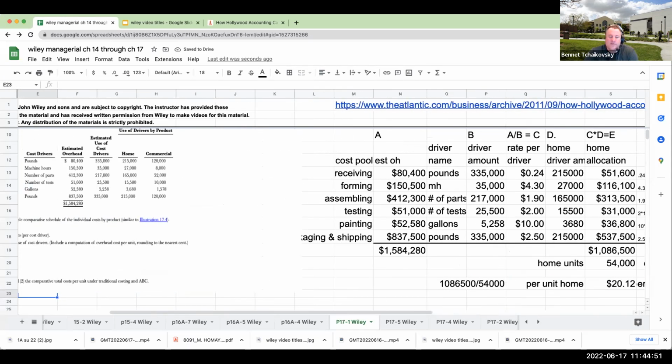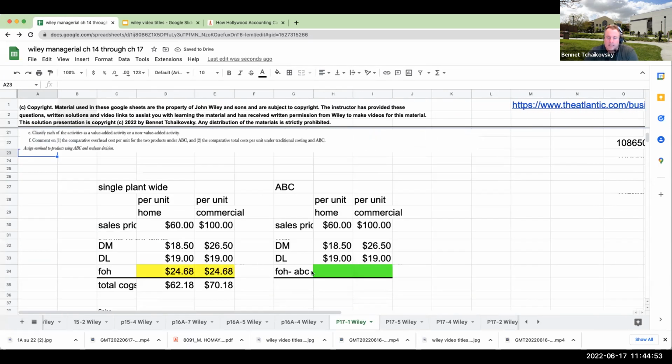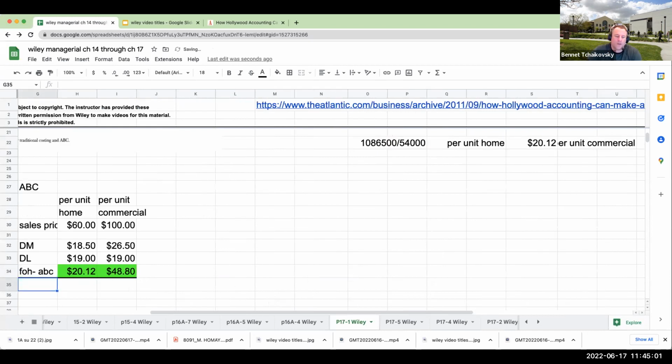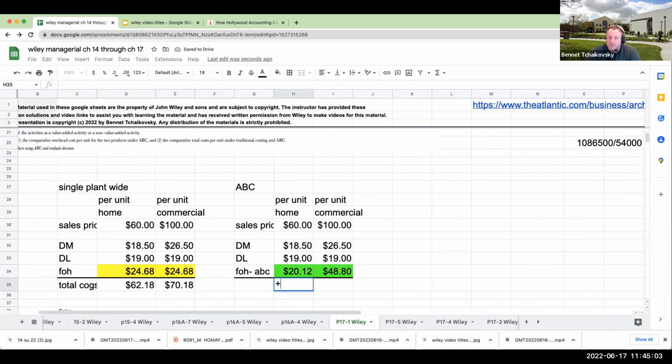Now, if I put these down over here into activity-based costing, I'm now seeing that, well, what's fascinating as I'm going through is that my cost of goods sold for these different items have actually dropped.